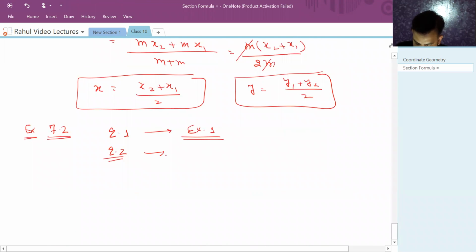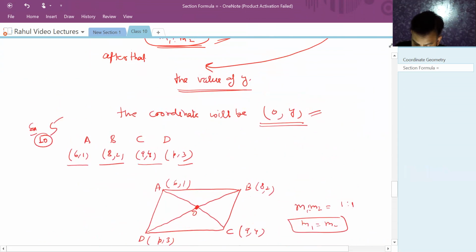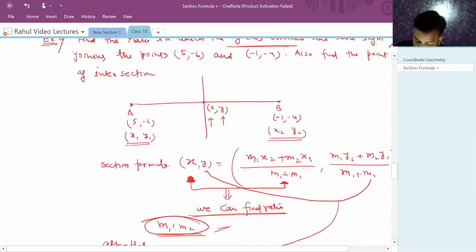So question number 2 will be example number 3, and question number 3 you can do, this is a very easy question. Question number 4 is when the ratio is given, so this will be example number 2. And question number 5, you can see we have talked about the y-axis, but in the question it is the x-axis.